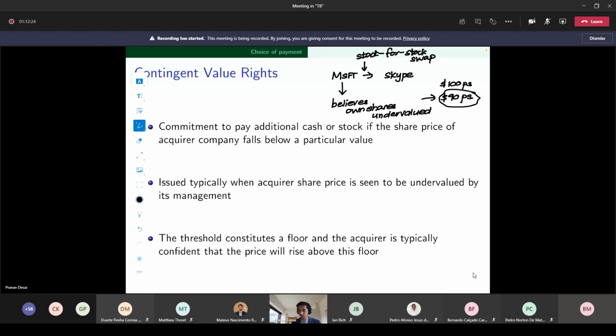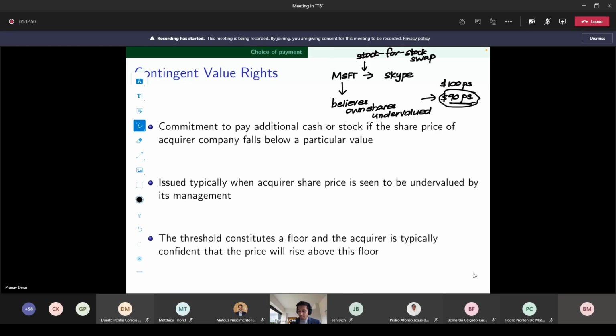Now, of course, that doesn't perfectly meet logic, but if it believes that it's undervalued, embedding this option and paying with shares, if it does not have cash at its disposal, might protect it against a scenario where the target might ask for additional payment.